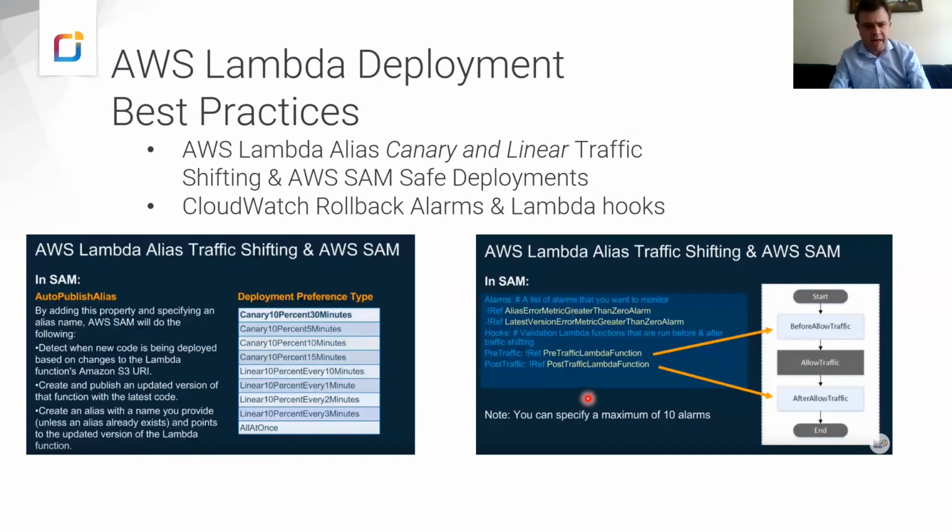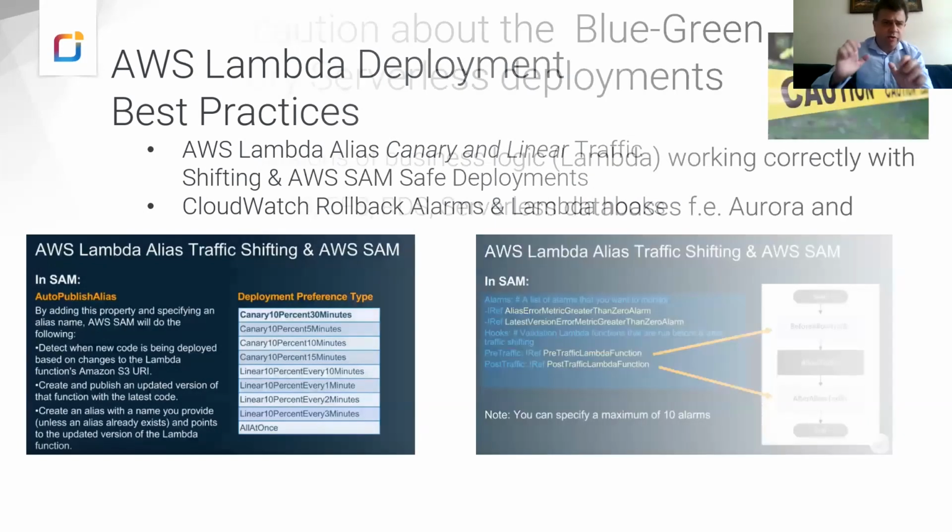In case some alarm is triggered, the automatic rollback will be started. These are concepts which are well known also outside of serverless applications, but serverless gives you all these building blocks to implement this.